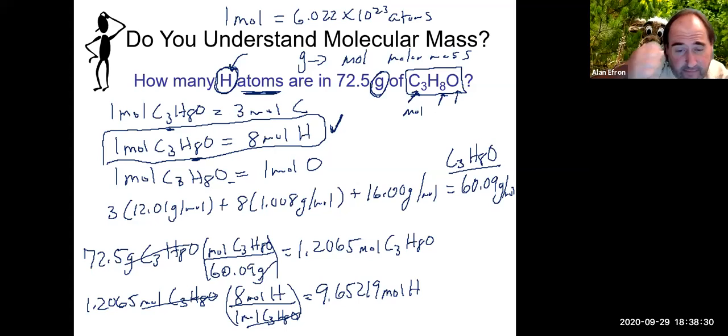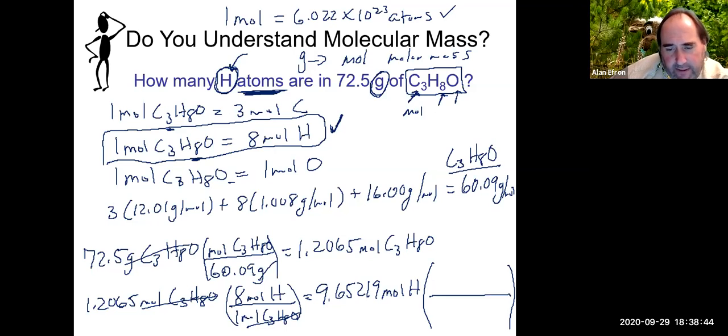Now, I'm at moles of hydrogen, which is close to what I want, but I do want atoms. So the last thing we need to do is use Avogadro's number here. And that is going to put Avogadro's number up on top. 6.022 times 10 to the 23 atoms per mole of hydrogen. Moles are going to cancel.